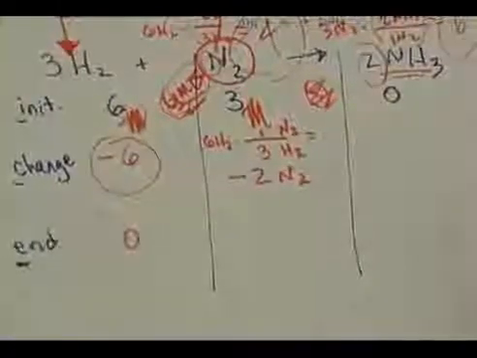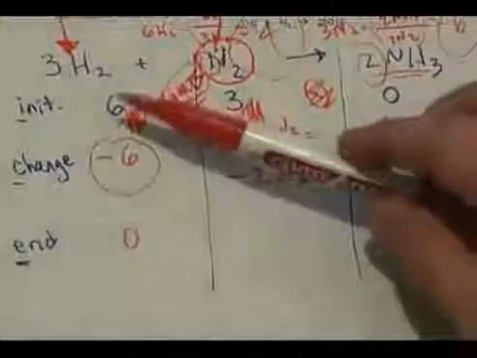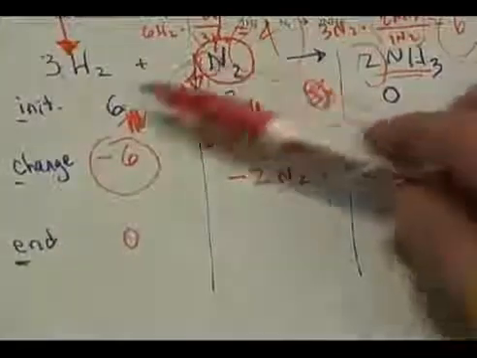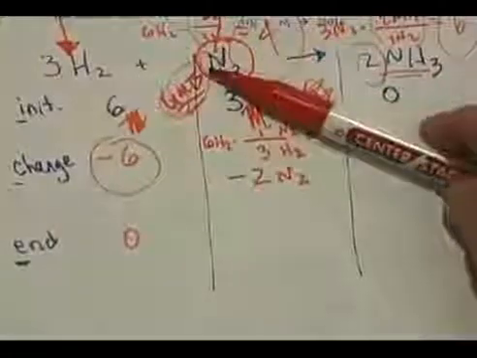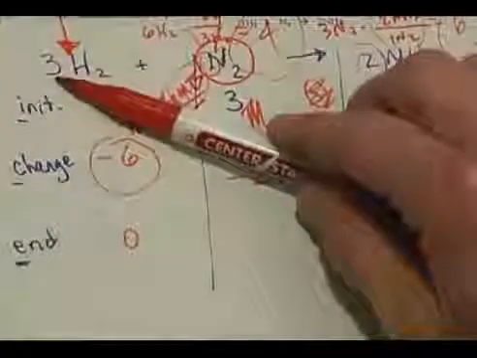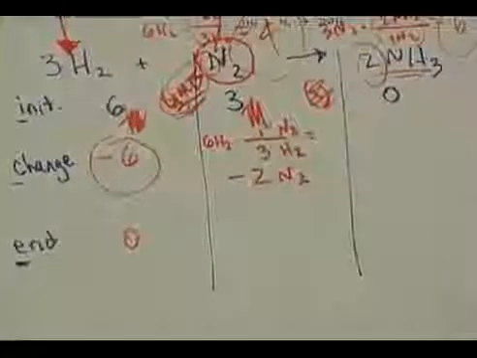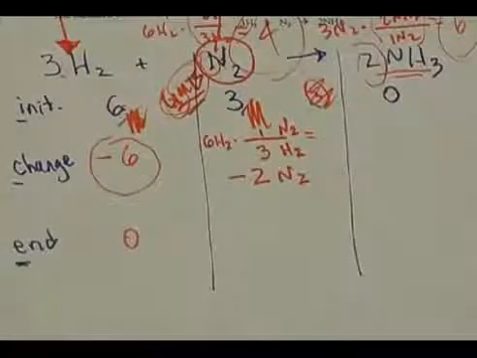Now, for some people that can be real obvious to say, for every 6 of these, I'll lose only 2 of these, because my ratio is 3-to-1. I'll lose 3 times as much of this stuff as I will this. And of course, 3 times 2 is 6. So if you can do it in your head, that's okay too.